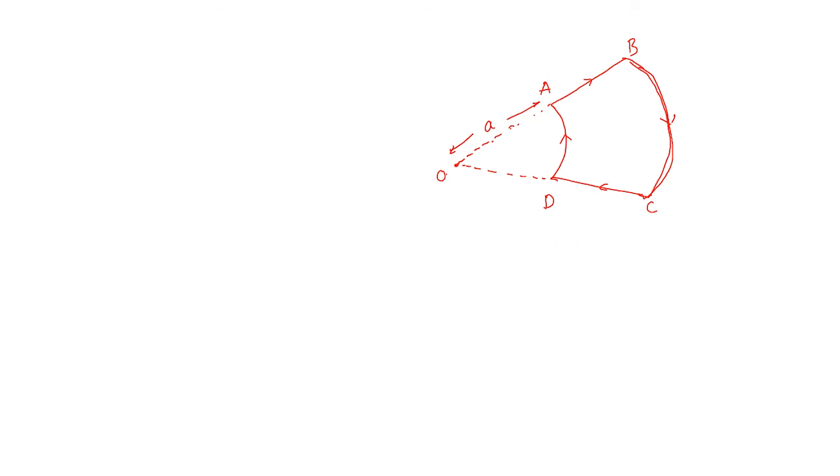There is one wire here which carries current out of the screen. This is I1. This is I. This is 30 degrees.